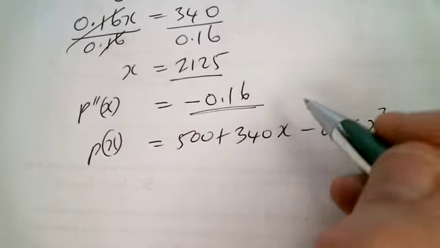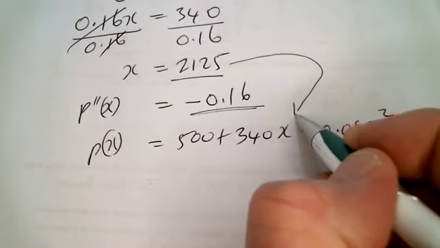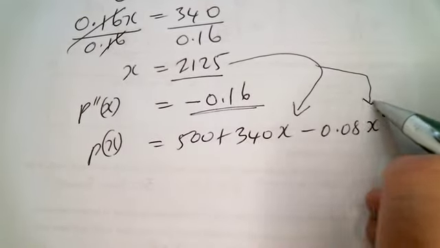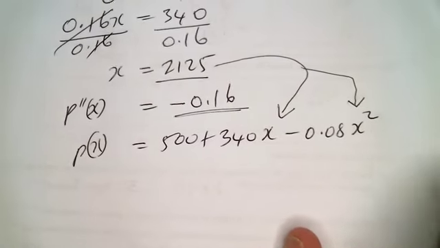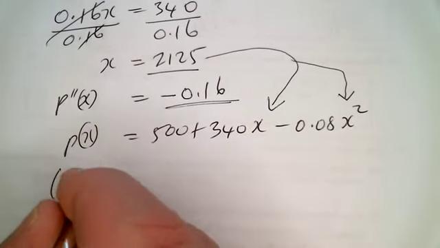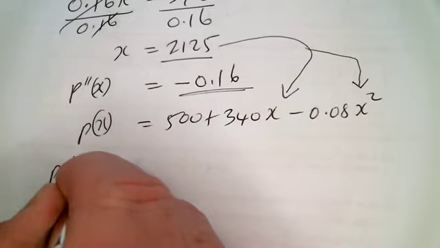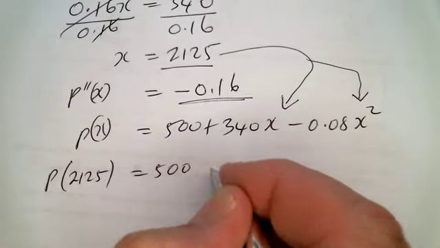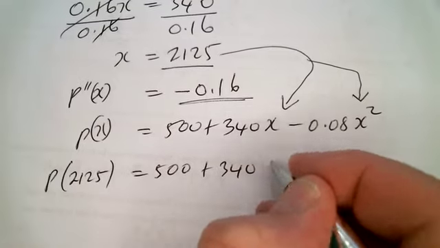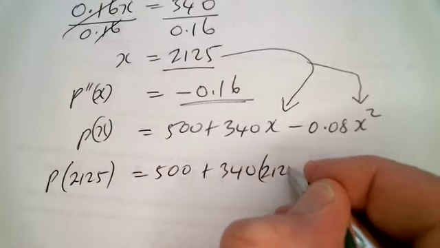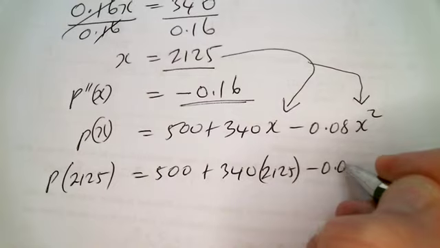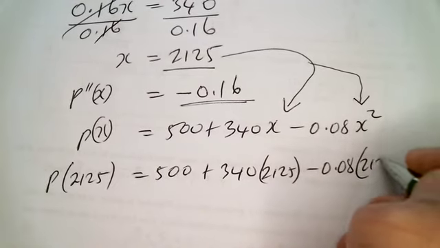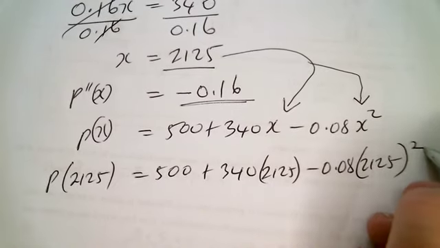So now we're going to plonk 2125 into every value of x that we've got. So P of 2125 is equal to 500 plus 340 times 2125 minus 0.08 times 2125 all squared.